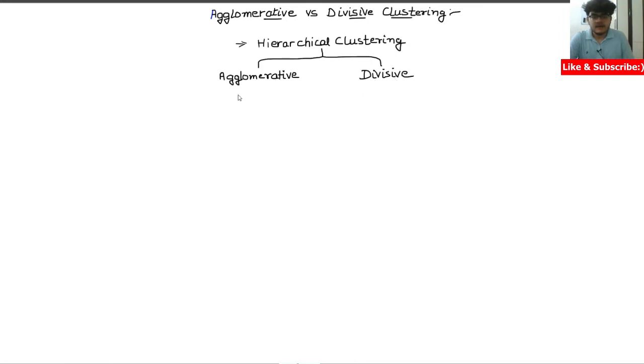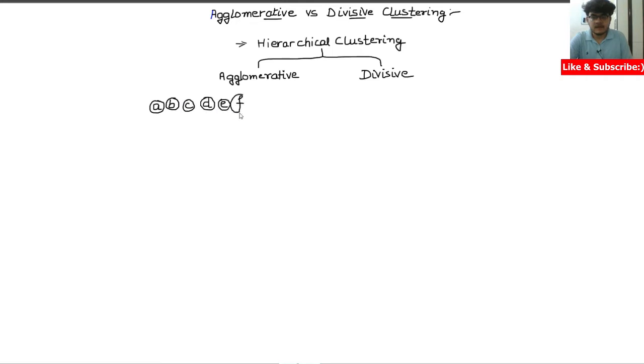So in agglomerative clustering, let's suppose we have data points, something like this, right? Let's suppose we have this data and they are initially individual data points like this.